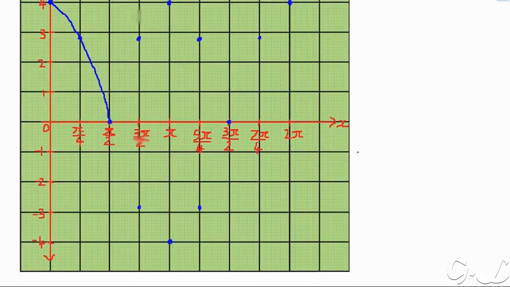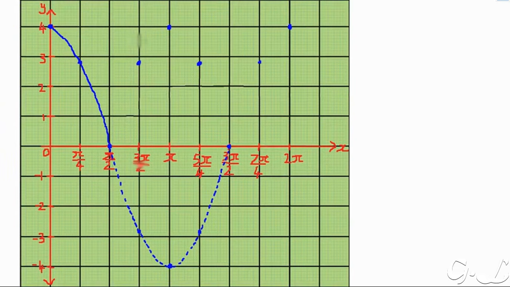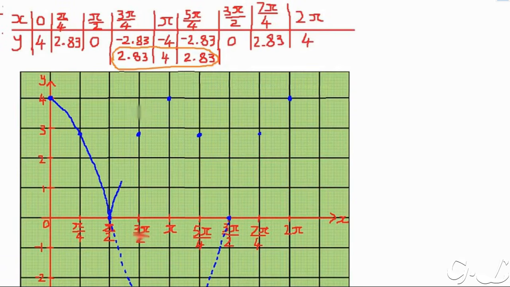Since it's modulus, you have to draw the line where the y is positive. But when it is negative, you have to draw dotted lines like that. These are the dotted lines. And when it is positive, you draw it like that.